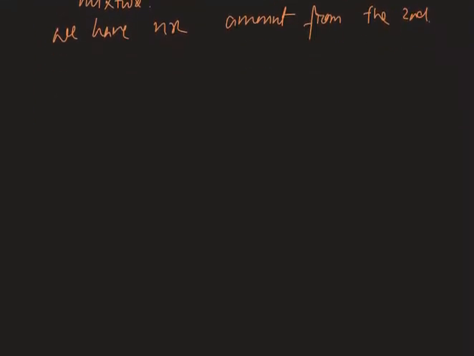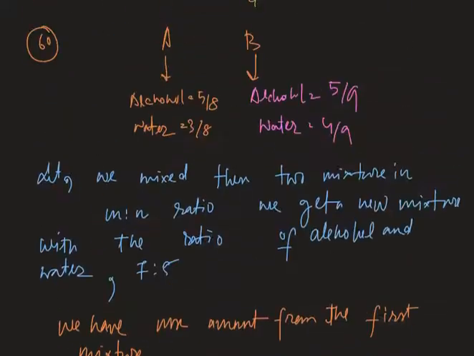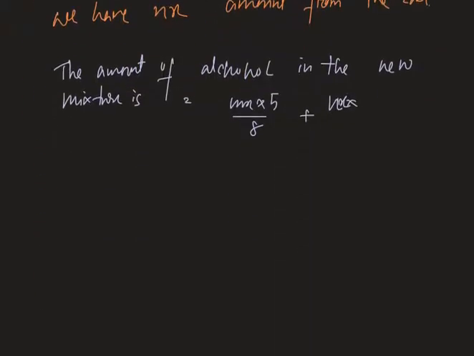Hence the amount of alcohol in the new mixture is mx into 5/8 plus nx into 5/9, and the amount of water is mx into 3/8 plus nx into 4/9.